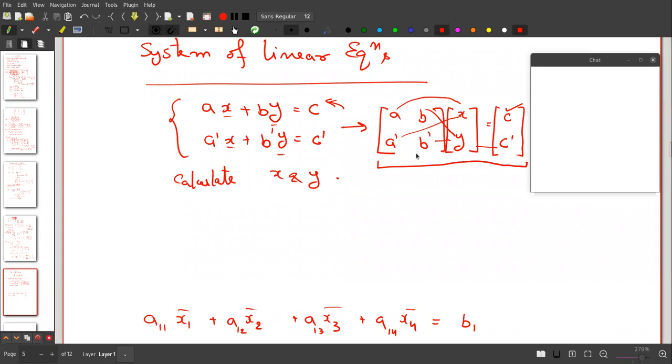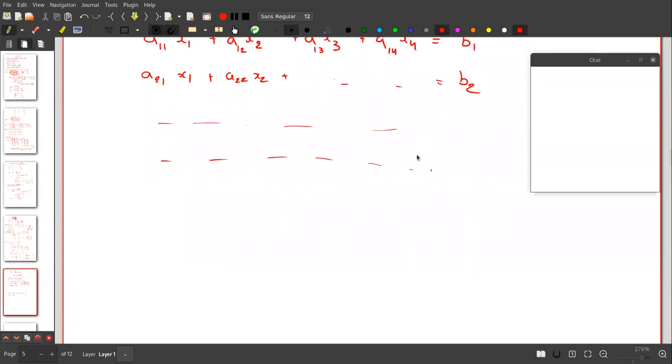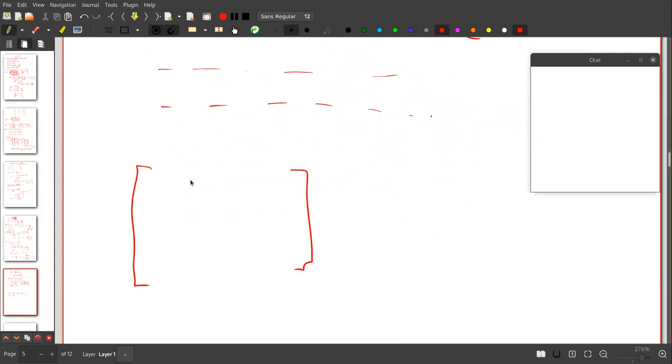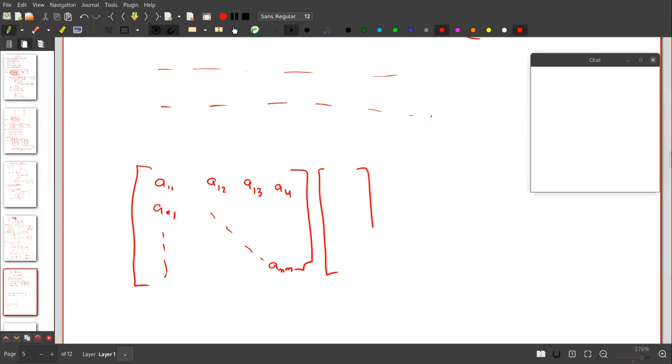Now let's write the other one in matrix form. It's also simple. This is the matrix with the coefficients a11, a12, a13, a14, a21, and so on, up to a_nn. And here are all the unknowns, x1, x2, and so on, xn.